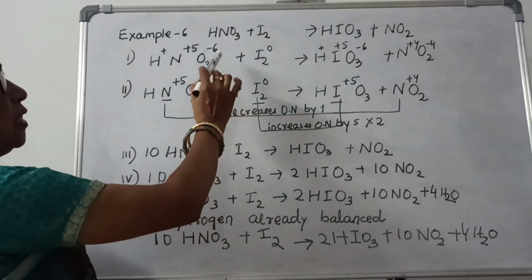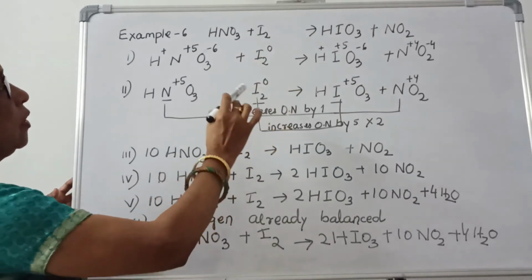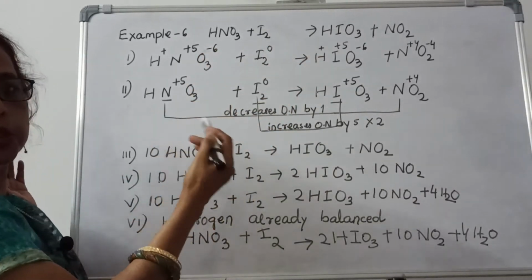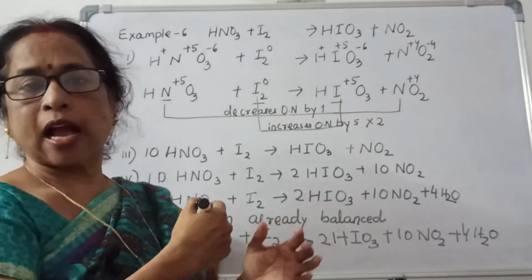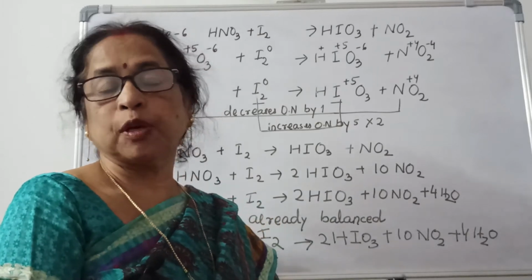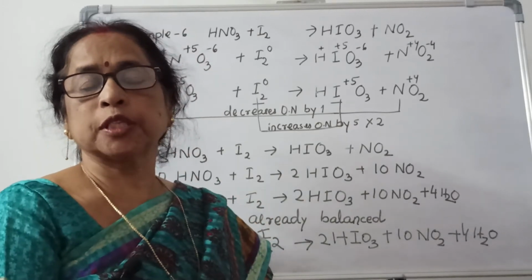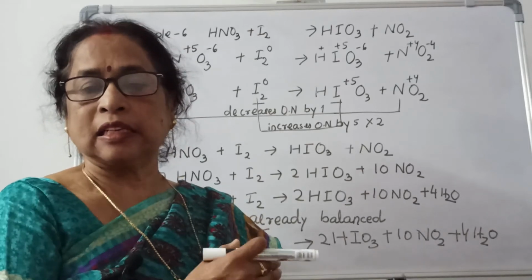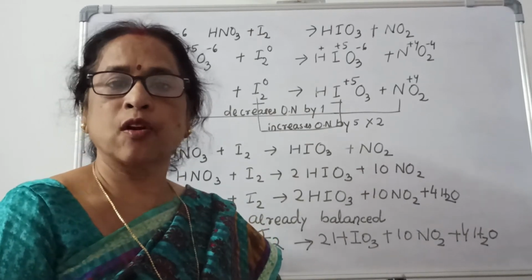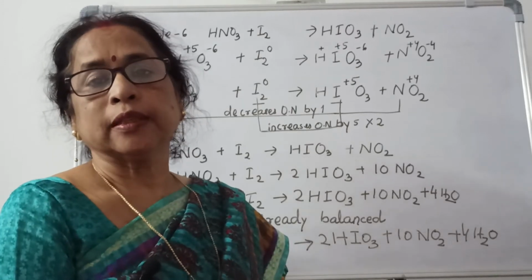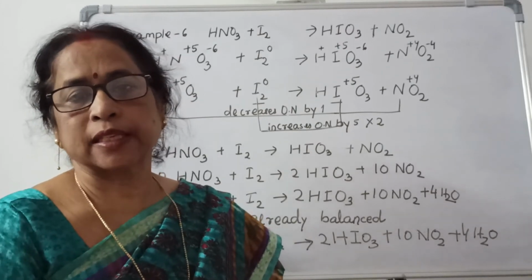Here this is not in ionic form, this is in molecular form. That means some questions may be given in ionic form and some in molecular form. In some questions acidic or basic medium is given, and in some it is not given, but lastly we may prove whether it is acidic or basic medium.